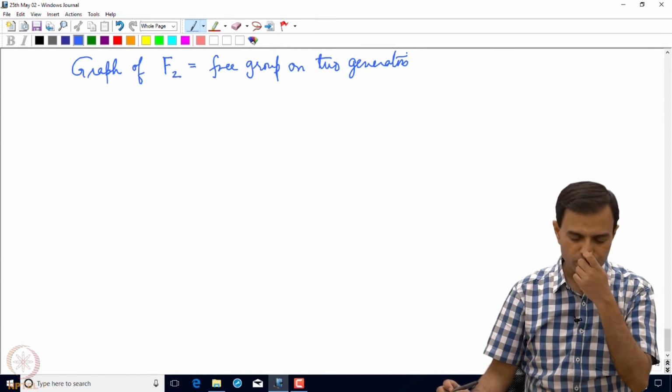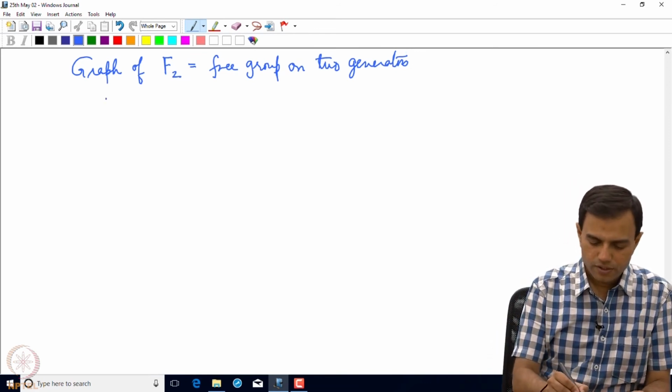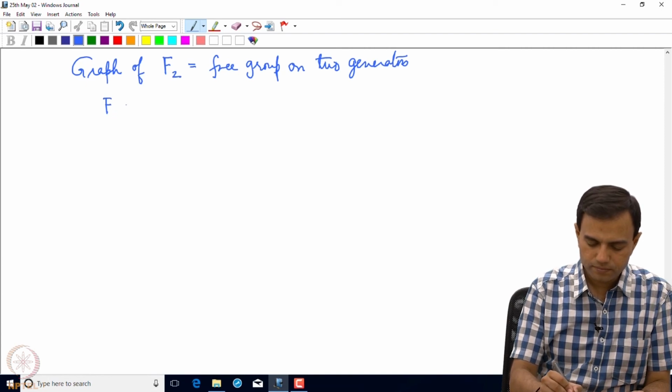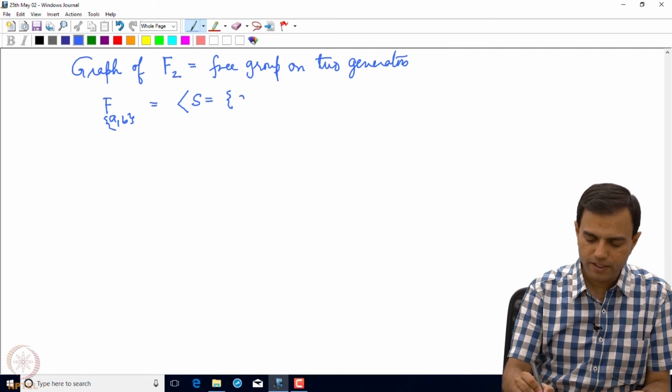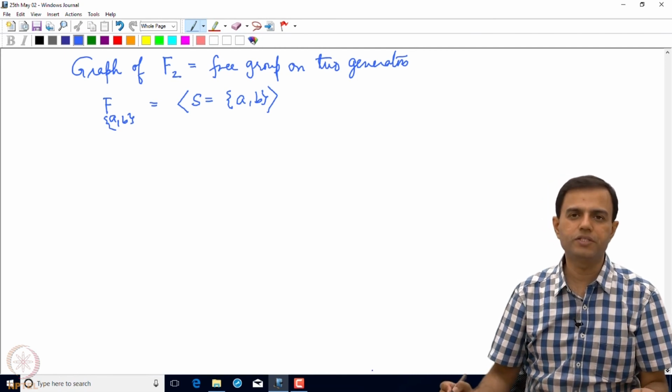So how to draw the Cayley graph for F2? So I take F_AB, the free group on two generators, you're just naming them as A and B. What are the relations? There are no relations.